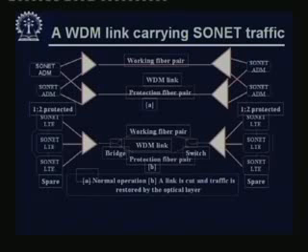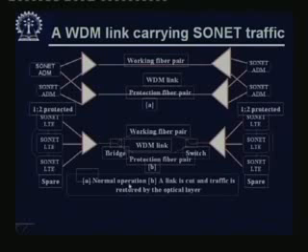Now look at this 1:2 protected scheme. What is happening is that there may be one protection fiber pair, and through the working fiber there may be multiple virtual links going through using different wavelengths.